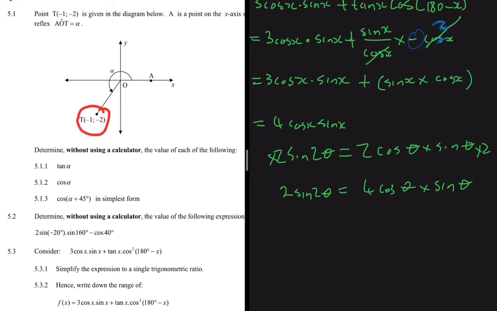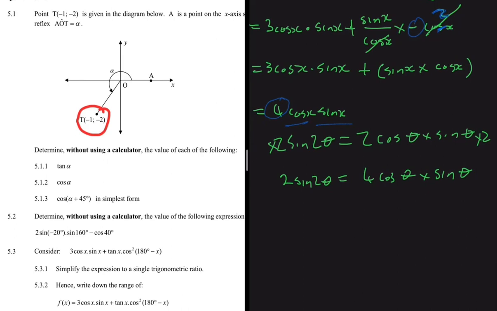And that's exactly what we have here. 4 cos theta sine of theta, but we have x instead, so that will be equal to 2 sine of 2 theta, right? And we have simplified our expression into a single trigonometric ratio.